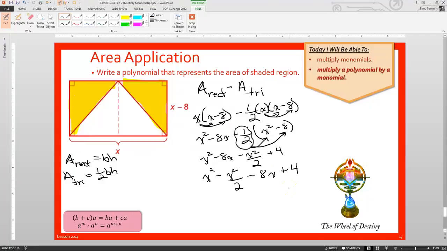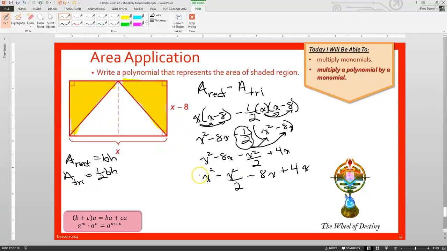Does that look right? X squared, this should be 8x. There should be 4x. So sorry about that. Yes, it should. Okay, cool.